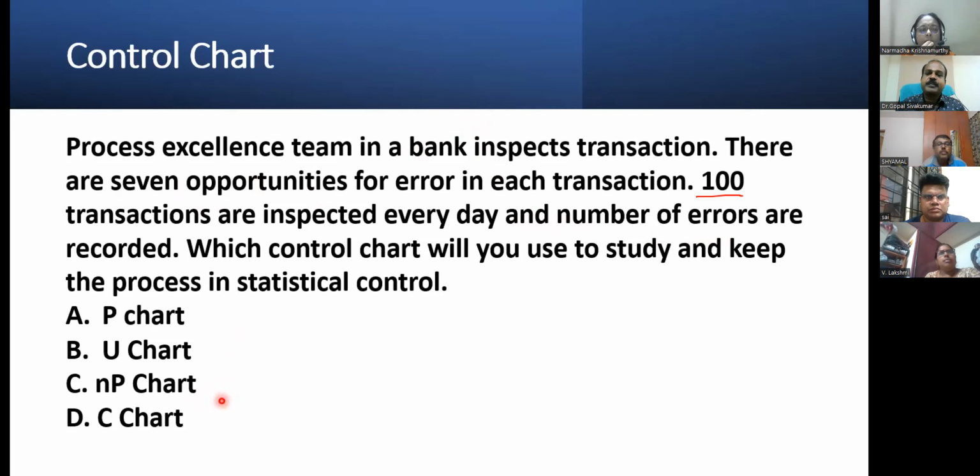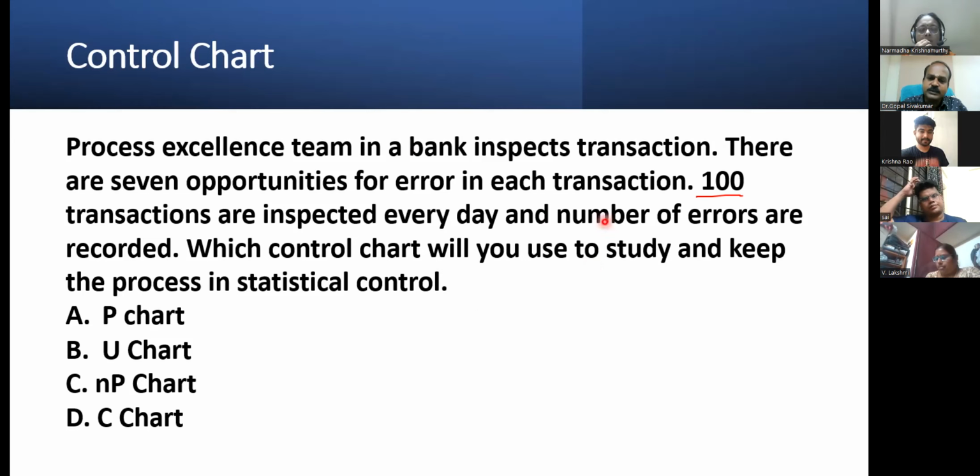Very good. I think Bharat is perfectly correct. You need to know whether you are monitoring defect or defective. That is the first classification. Number of errors means defect only.